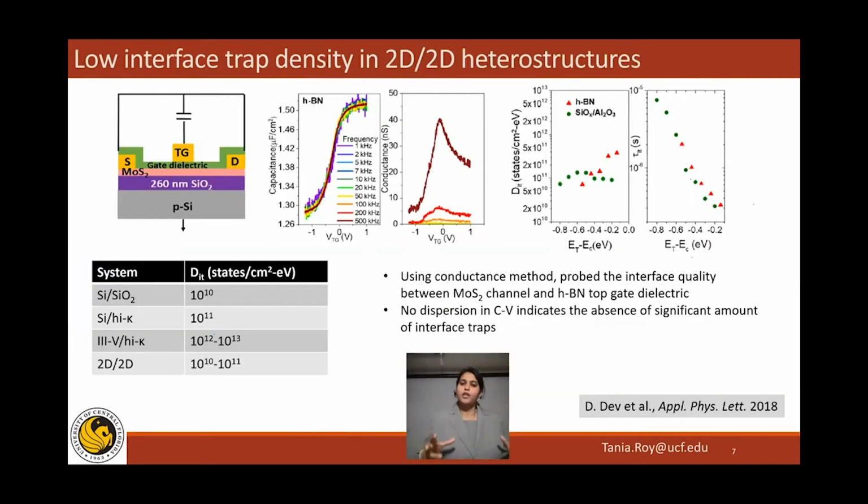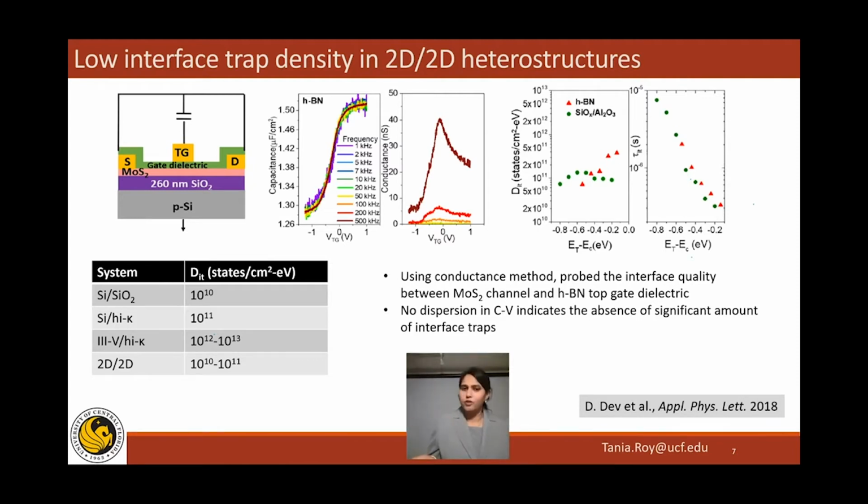So we started with the idea of using a 2D heterostructure, primarily because we can very well anticipate that a two-dimensional material-based heterostructure, which is bonded by van der Waals attractive forces only, will have low interface trap density. And we saw that. We made a FET out of 2D materials, with polysulfide as the channel and boron nitride as the gate dielectric.